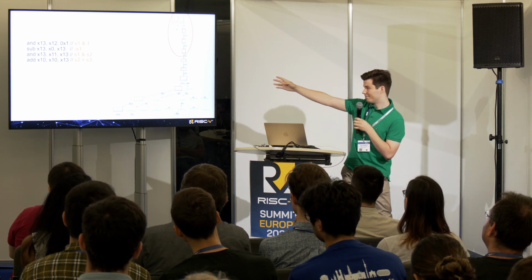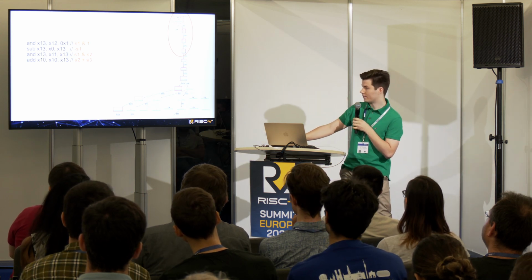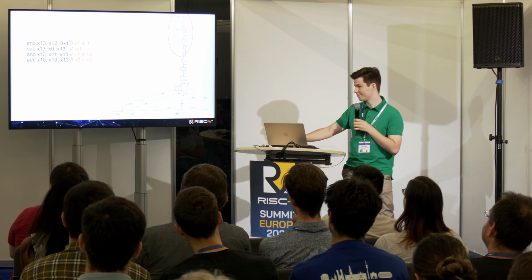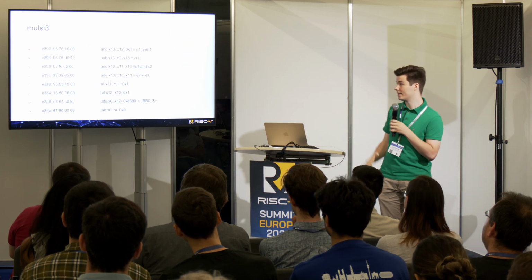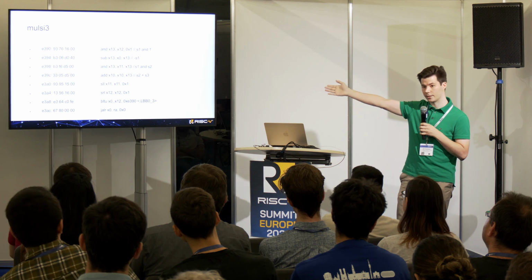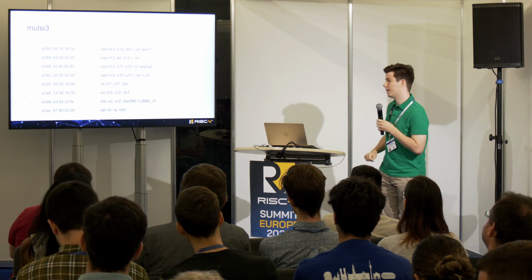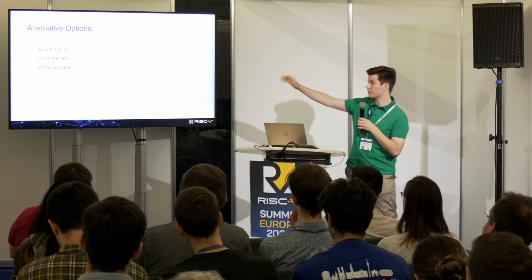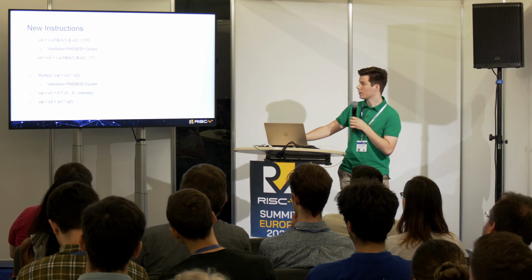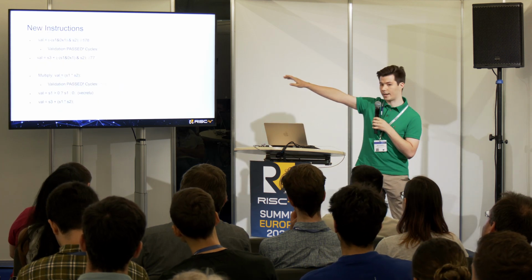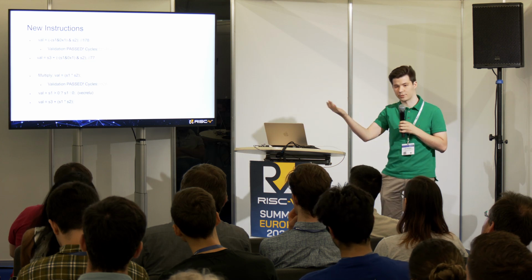If we check where these five instructions occur most frequently, as you probably would have guessed, it's in the emulation of the integer multiplication. So there's no surprise here. If we implement this new instruction, we go down to around 18,000 cycles, which is okay.